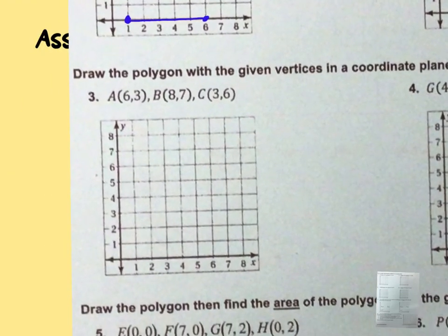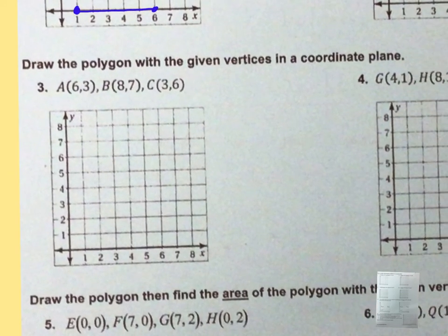Now let's go down to number 3. It wants us to draw the polygon with the given vertices in a coordinate plane. Just like we did on your bell work, we're going to go over 6, up 3. There it is. Over 8, up 7. And then over 3, up 6.